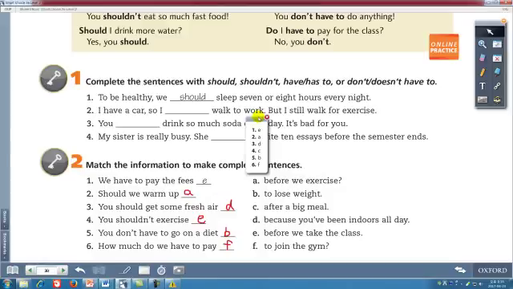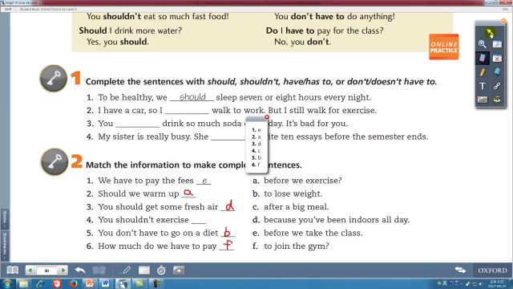What do we got here? Did I write E down here? Oh my goodness, we'd better change that a little bit. James, bad: you shouldn't exercise after a big meal. Why not? Why shouldn't we do that? That's kind of weird. Let me go back here and erase this.